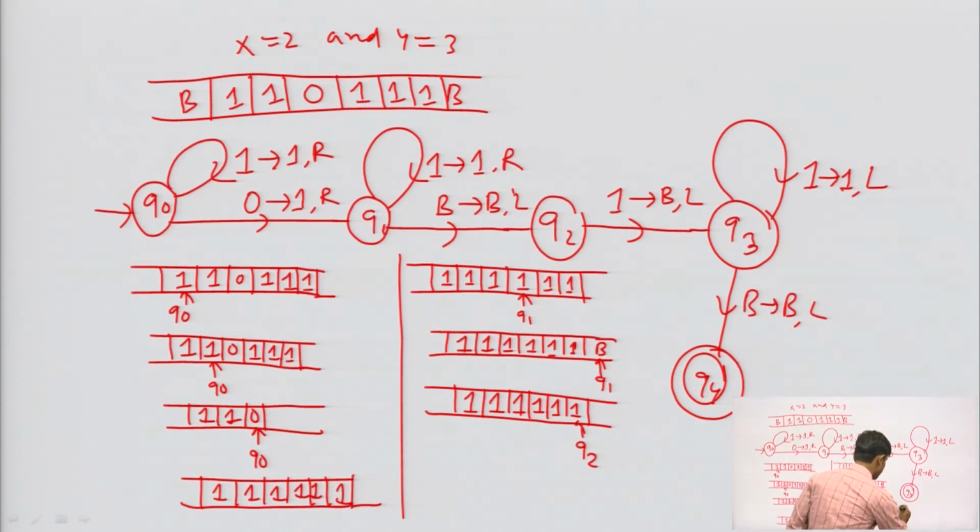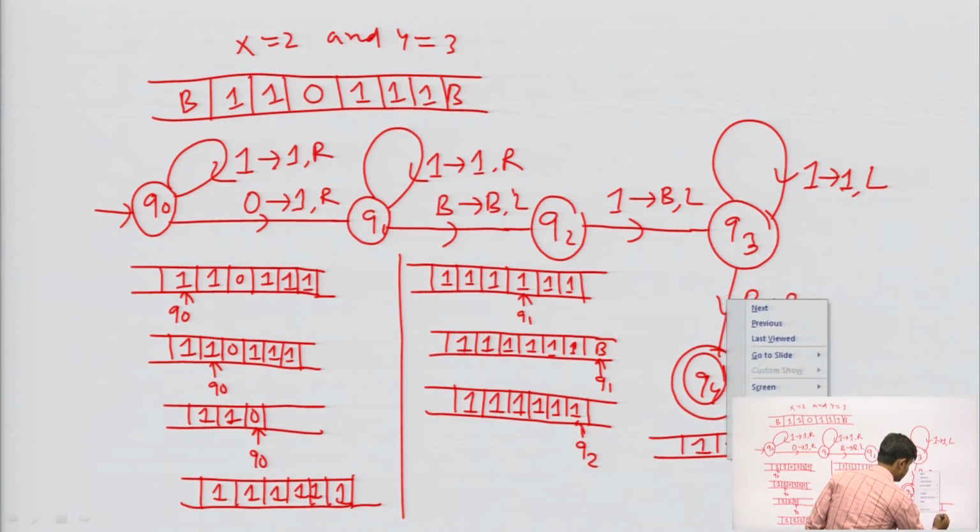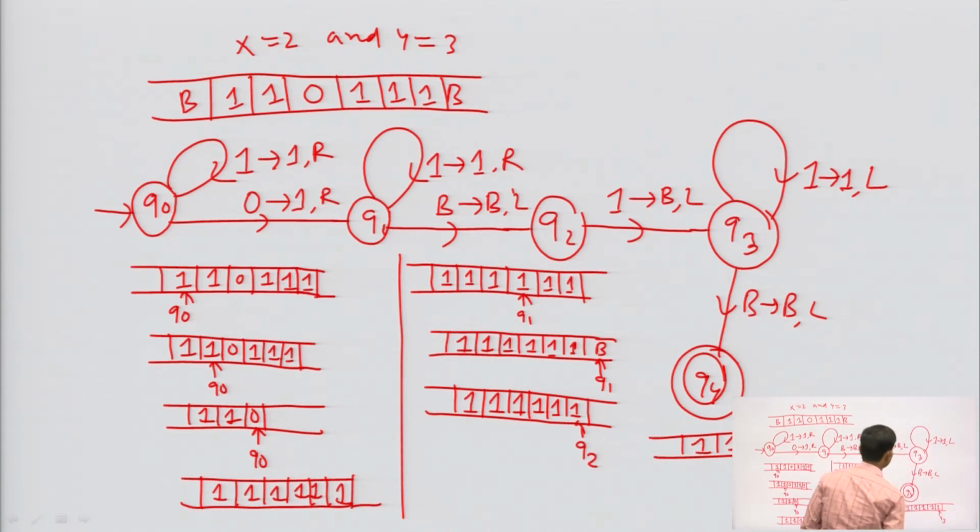Now for Q3, you check: this is 1, 1, 1, 1, 1, 1. Q3 points to this one. Because Q2 read 1, you replace the 1 with a blank and move to left.